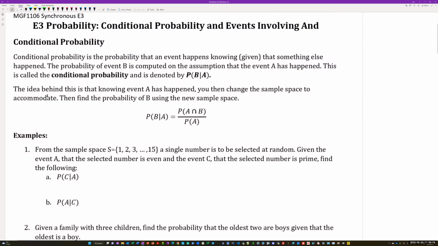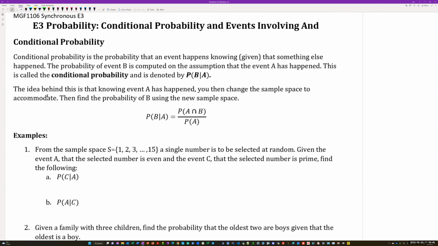Conditional probability in events involving and. Conditional probability is the probability that an event happens, given that something else has happened. The probability of event B is computed on the assumption that the event A has occurred.